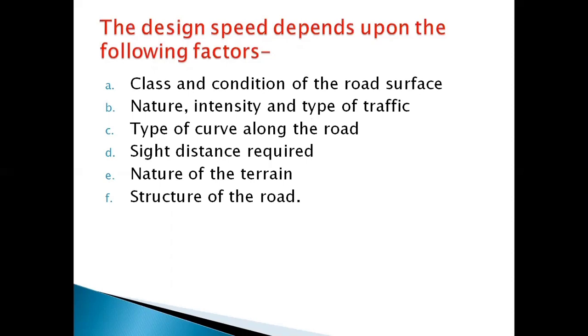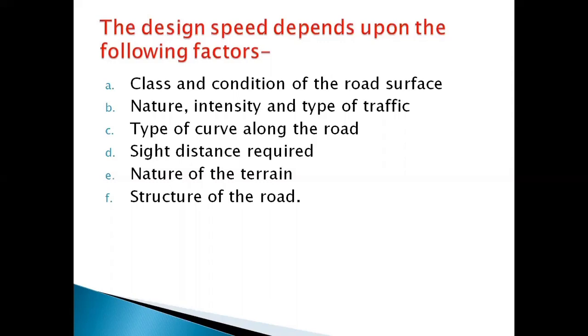Then third is type of curve along the road. Which type of curve is provided to the road? This is the third factor. Then side distance required for the road. What is the side distance required for the road? It is also considered while designing the speed of road.